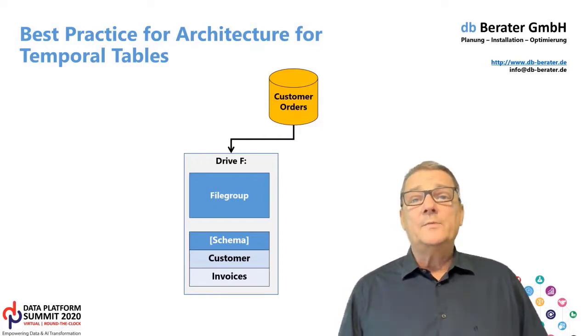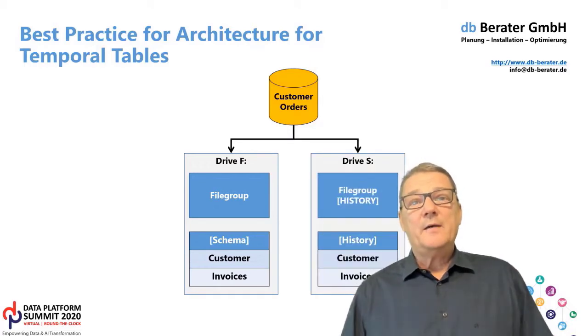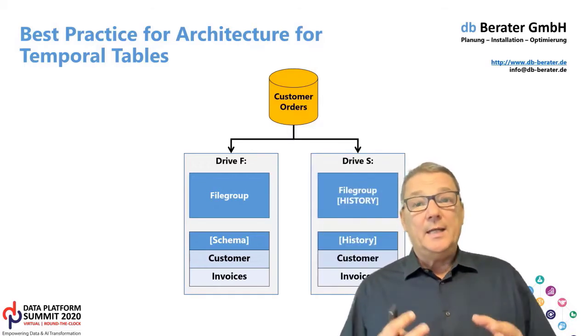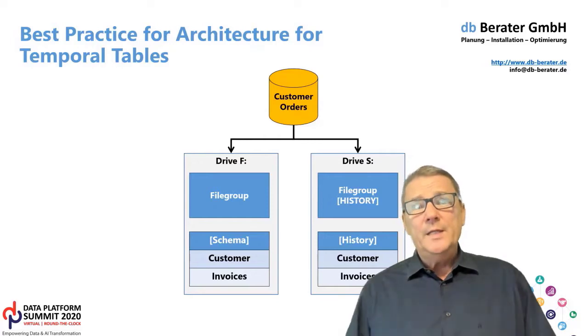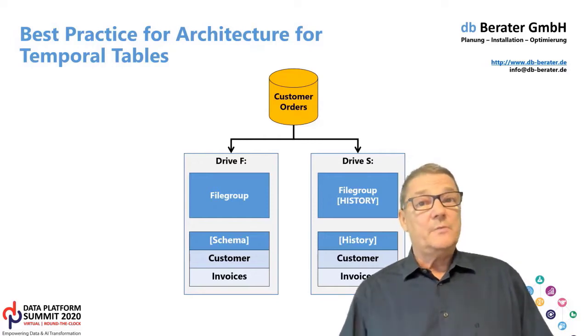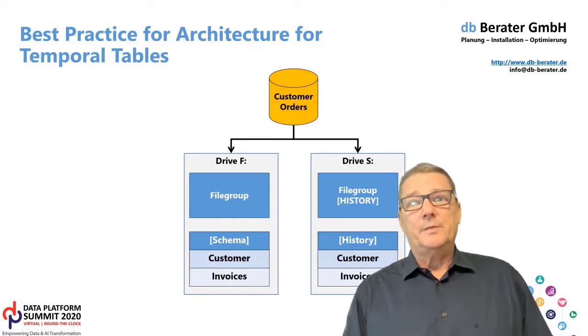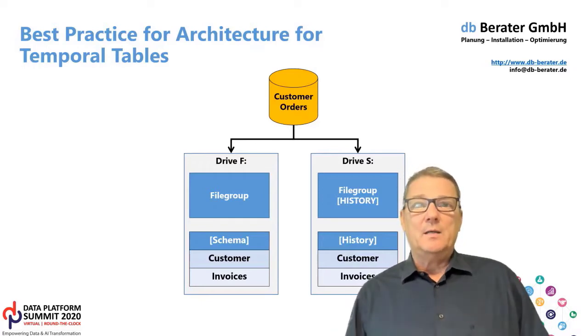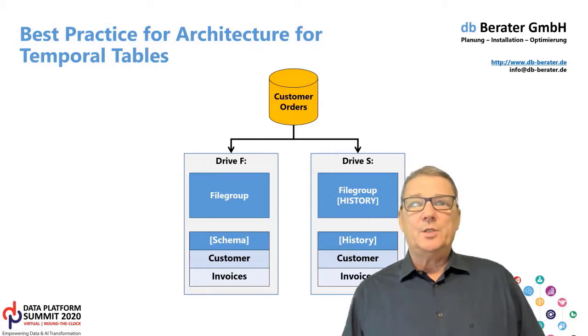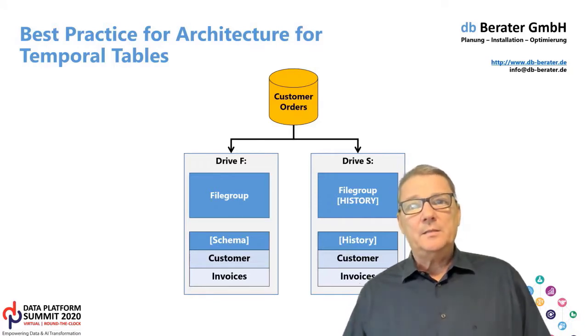What we then do afterwards is that we have on another drive another file group with a dedicated schema. Just here, for example, I name it history, and then we put all our history tables into this schema. So then we have a separation between the working tables and the history tables.